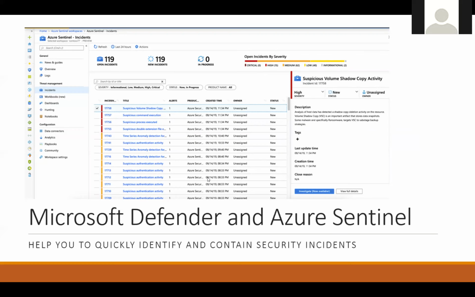The security intelligence is based off of the telemetry and analytics that's pulled together from the different Microsoft Defender suites that pump all the information into Azure Sentinel. So you can get notified, and your SOC team can go here and see the filtered information from all of these different resources.